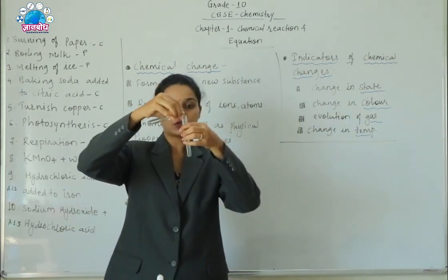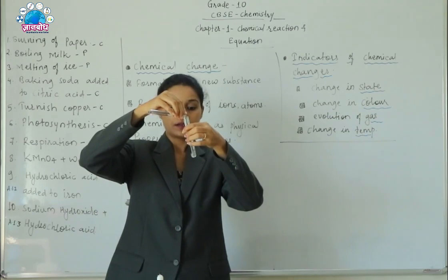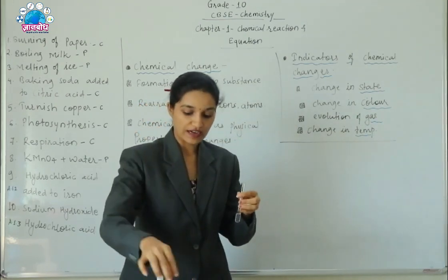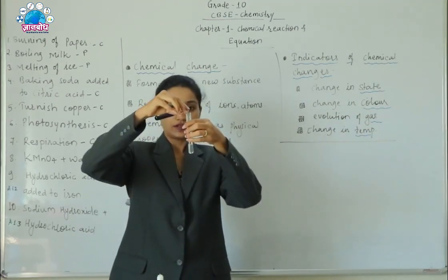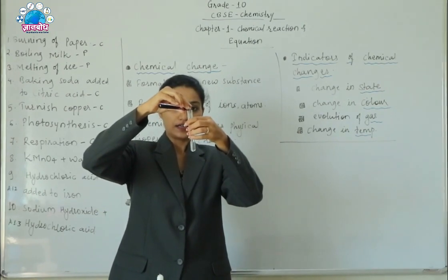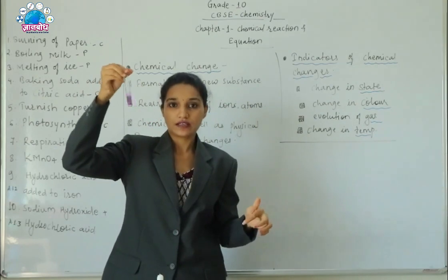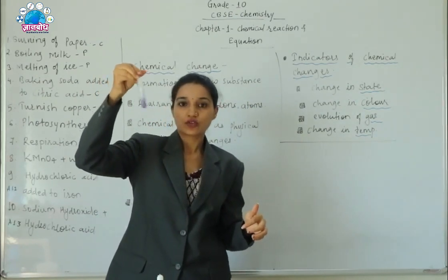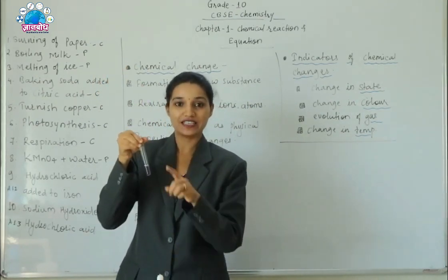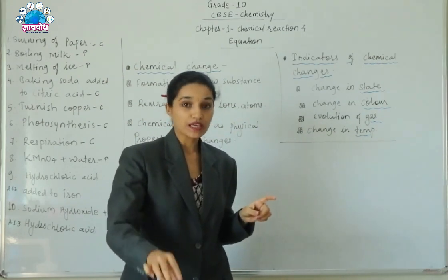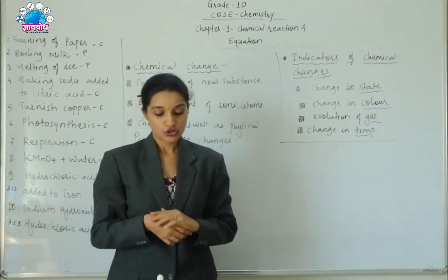So this is NaOH solution. When I add KMnO4 to this NaOH solution, you can see there is pink color. So KMnO4 acts as an indicator here which gives pink color to the NaOH solution.